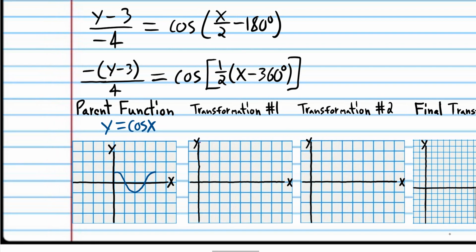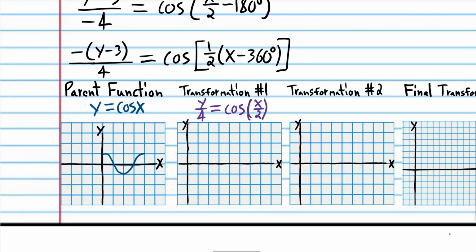So now we're going to do 2 dilations at the same time. I know this is kind of a lot to take in, but we're going to do 2 dilations at the same time because we don't have enough room. We only have 4 of these graphs.